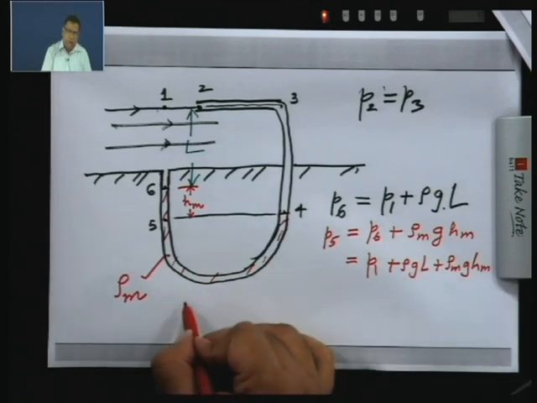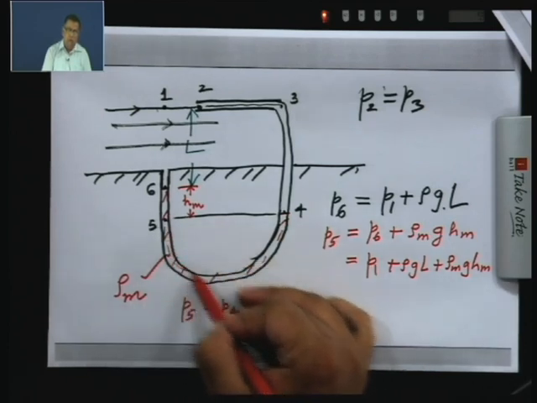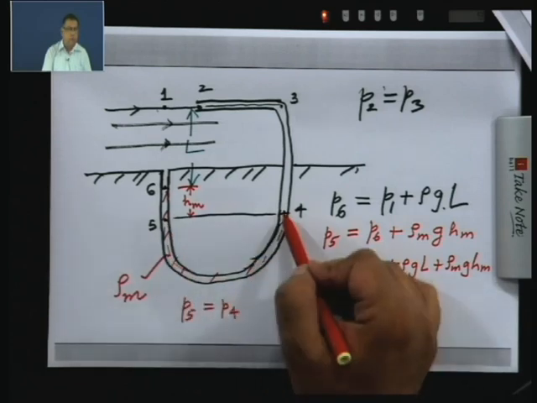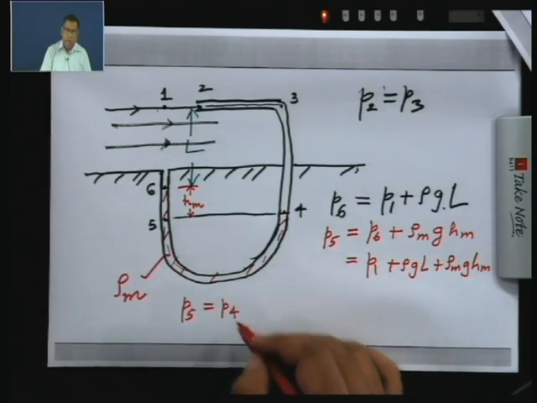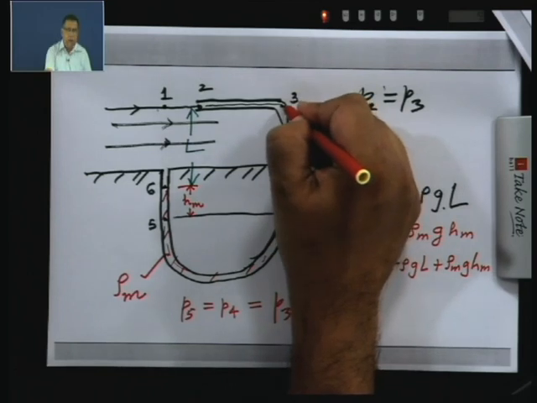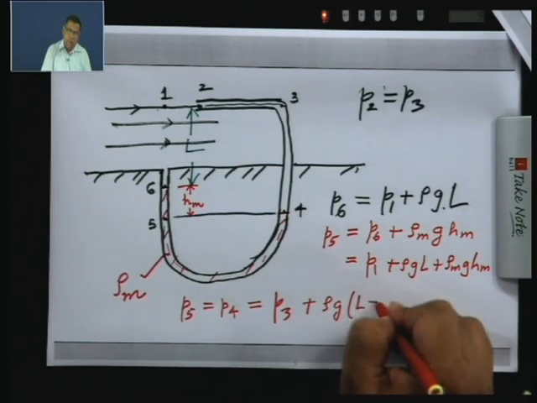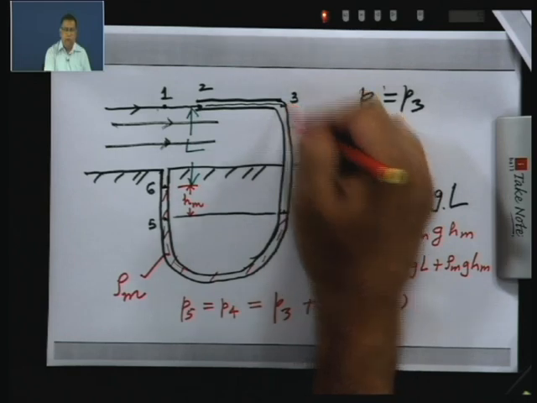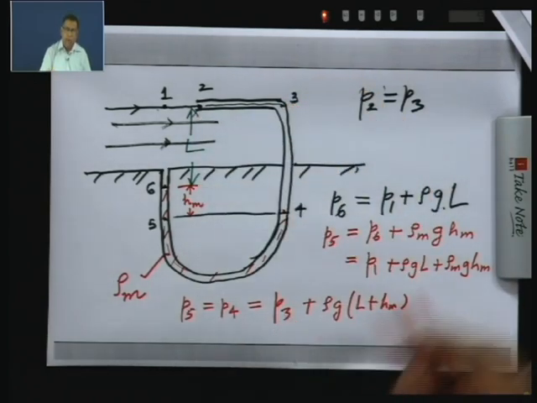Now, we know that P5 is equal to P4, because these 2 points are connected by a fluid of constant density. This fluid is at rest, and 5 and 4 are at the same horizontal level. Now, P4 we can say is P3, the pressure at this point, plus rho g times L plus h m, because the difference in height between points 3 and 4 is the sum of L and h m, and P3 is P2.